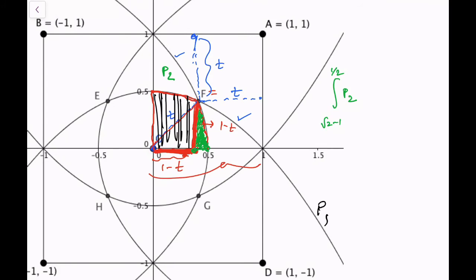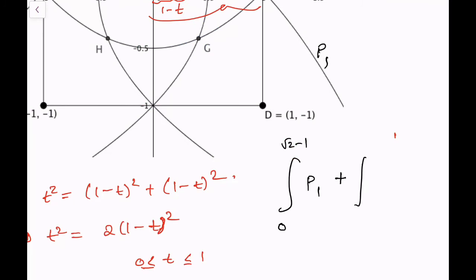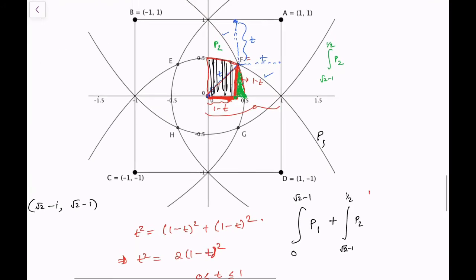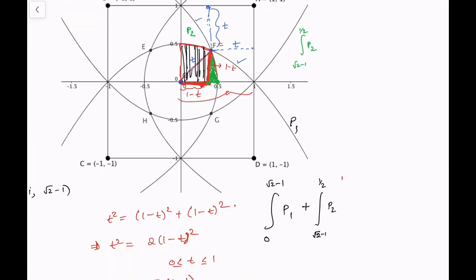Well, it's because point half is halfway between the center and the line AD. So clearly point F is part of the parabola. If we find out the value of these two integrals, we are done.